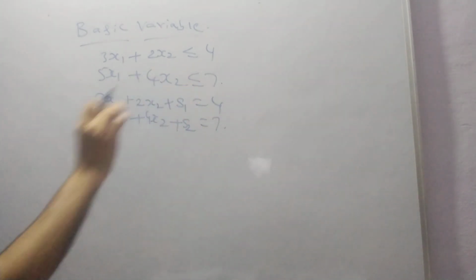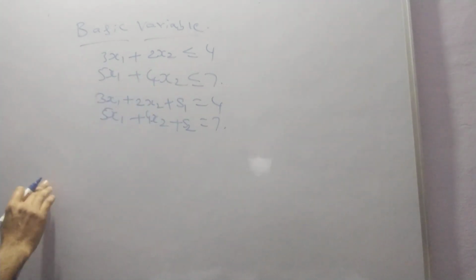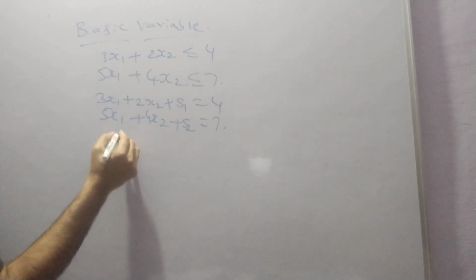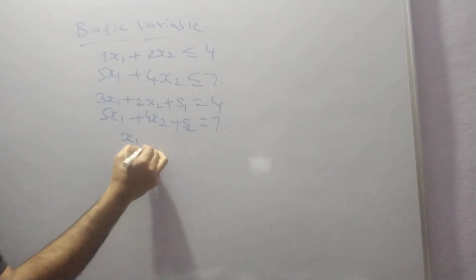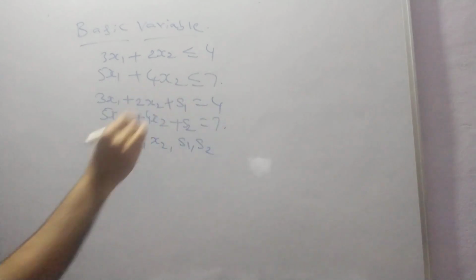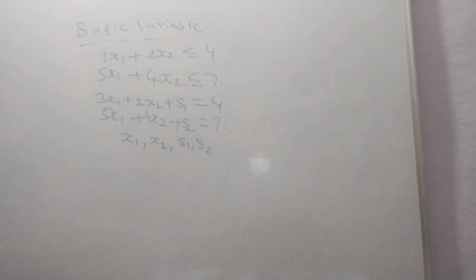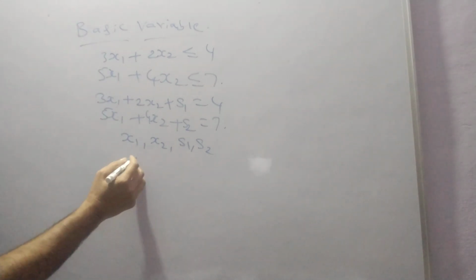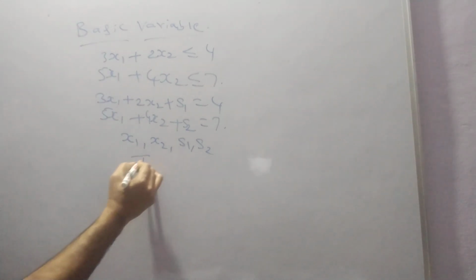Now out of these two equations, we have to identify which are basic variables. Here how many variables are there? x1, x2, s1, s2. These are the variables in the given two equations, right? To identify the basic variables, we take the help of the I matrix.